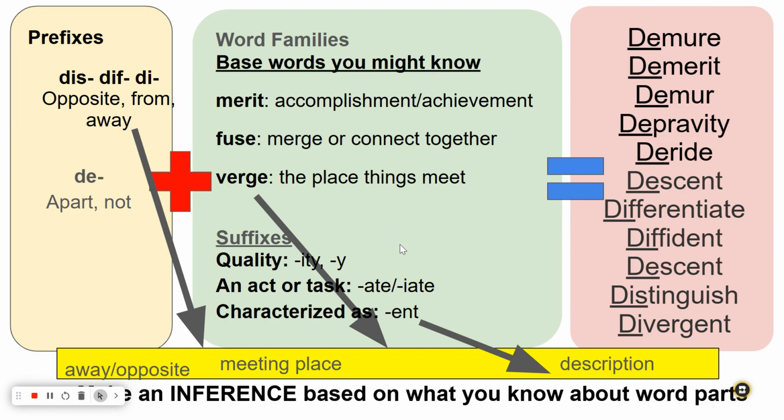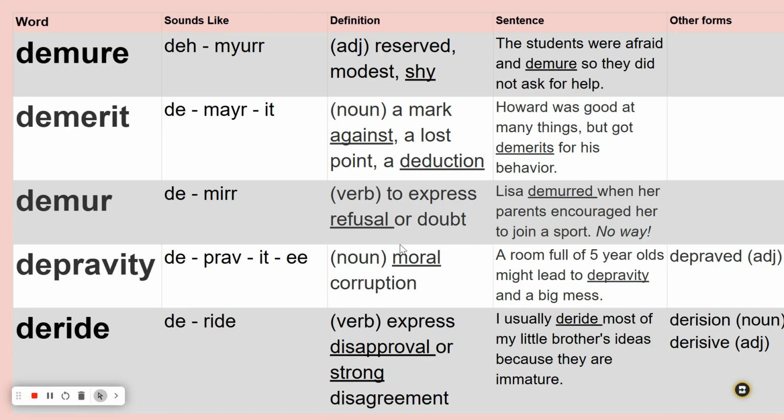So now let's take our actual notes. The first word is demure. You could pause and write down all of these, or you could write as I explain them, or you could pause at the end of me explaining them and then write them in, but fill in your notes. Demure is pronounced demure. It's an adjective that means reserved, modest, or shy.